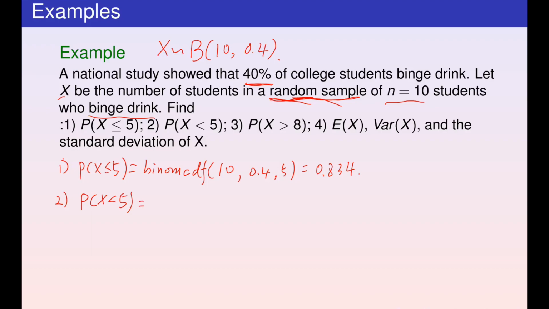What about X strictly less than 5? I think you can do the following: it's the same as less than or equal to 4. So binomCDF with 10, 0.4 and 4.